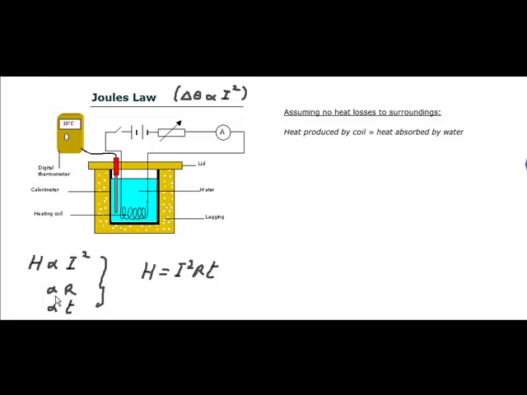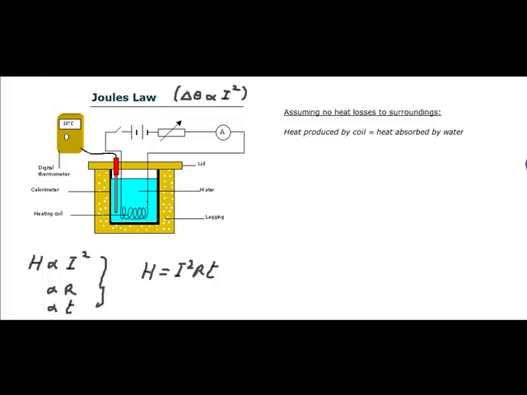Also, the heat produced is proportional to the resistance of the wire, and finally the heat produced can easily be shown to be always proportional to the time that the current is turned on for. Putting those three results together, we get the heat produced in a coil of wire under the current passing is the current squared by the resistance of the wire by the time the current is on for. And this is our starting point for Joule's law.